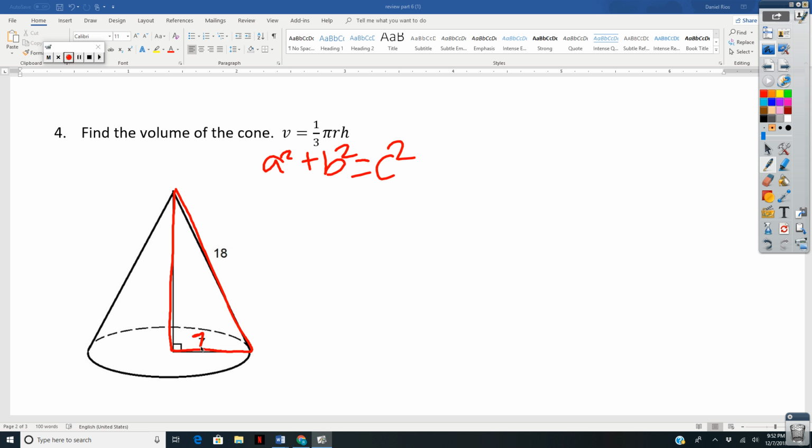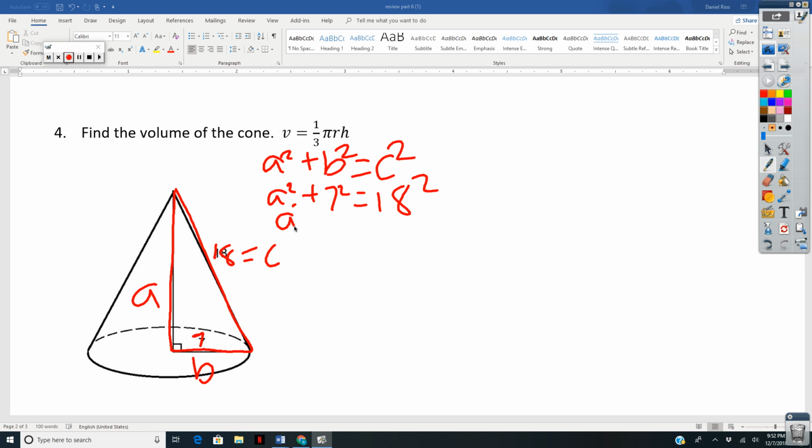This is 7, and this is 18. The longest side is always c. This could be a and this could be b. So then I have a squared plus 7 squared equals 18 squared.